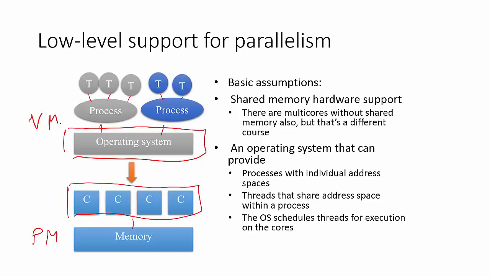For parallel computing, you really would like that to happen. So as a first order of approximation, if you want to execute a parallel program and measure the performance, you would like to be the only process that is executing at any given time. Then the OS will take the threads of that process and schedule them onto the cores.